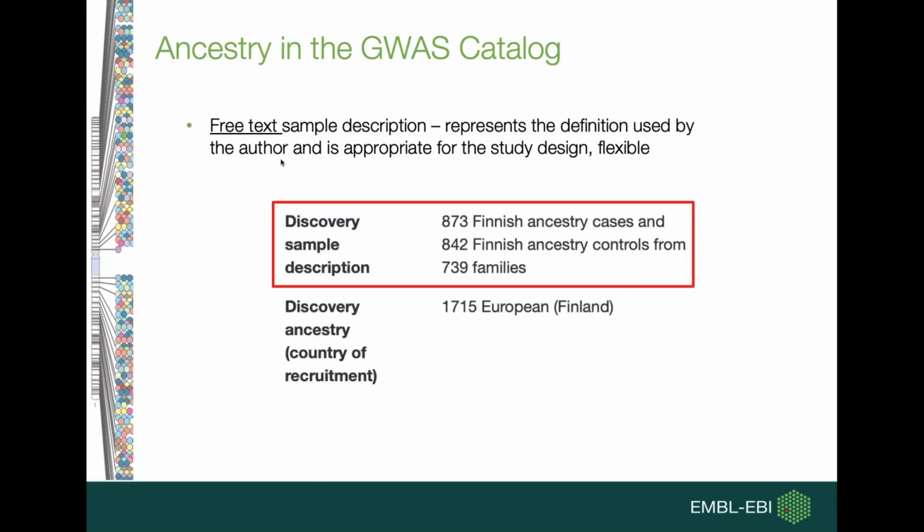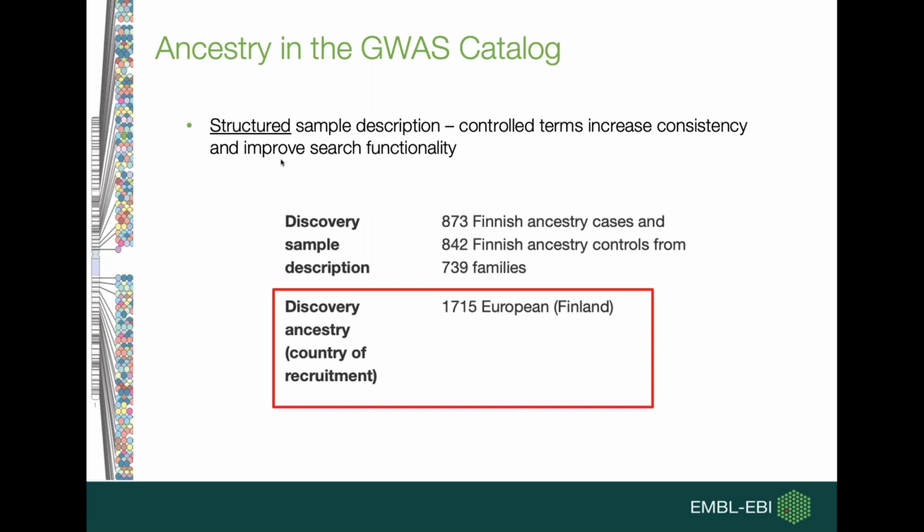So here's the free text sample description, and that uses the most granular term that the authors have reported. So in this case, that's Finnish. We've also used that to explain what the case control breakdown is. So you've got 873 cases and 842 controls. And because this is a family study, we've also included some information there about the number of families.